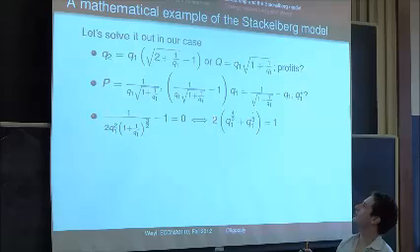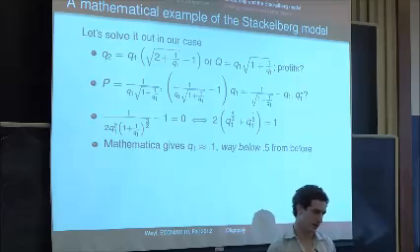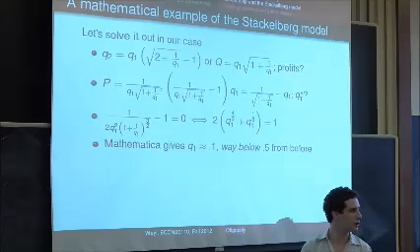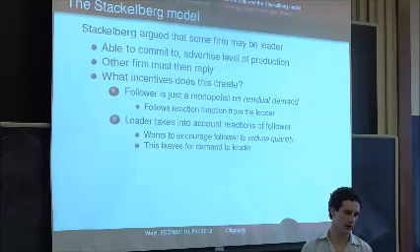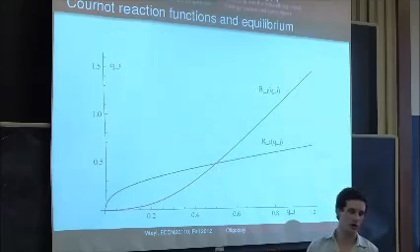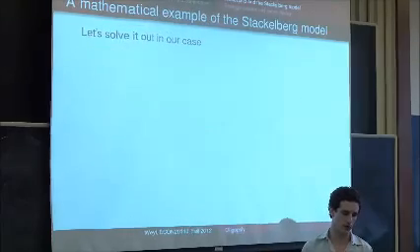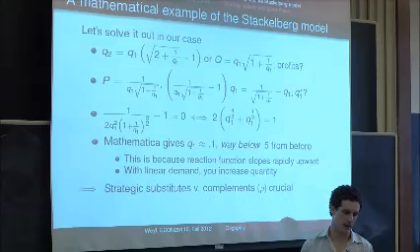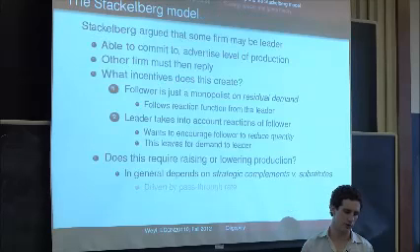So you solve this out, and you get 2 times Q1 to the 4/3 plus Q1 to the 1/3 is equal to 1. You have to plug that into Mathematica to solve for it, but Mathematica gives that the optimal quantity is 0.1, which is way below the 0.5 that we got from this graph. So that means that the first firm reduces dramatically its quantity, and the other firm is also going to reduce its quantity.